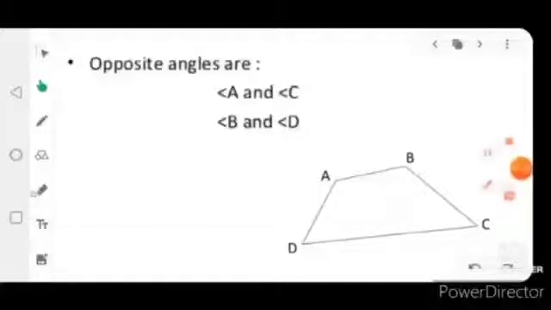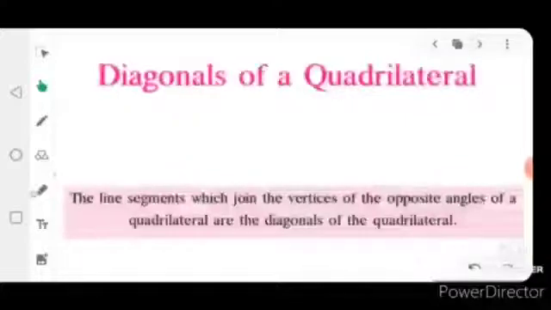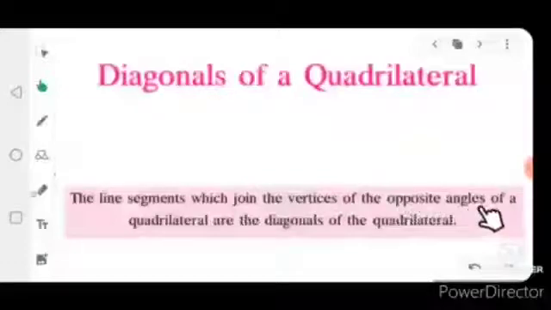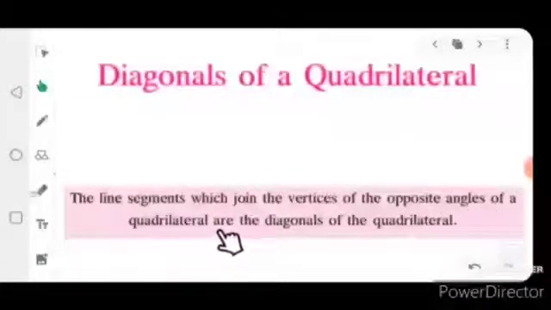Now the next, diagonals of a quadrilateral. Here students, the line segments which join the vertices of opposite angles of a quadrilateral are the diagonals of a quadrilateral.